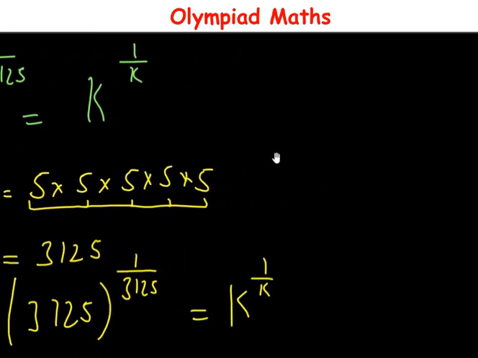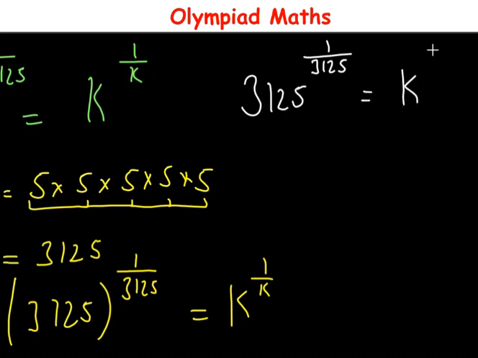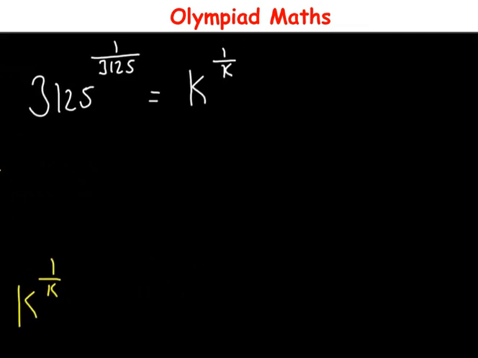So writing this up here, we have 3125 raised to power 1 over 3125 is equal to k raised to power 1 over k. If you look at this, you see that the base here is equal to the power denominator. Same thing here also.